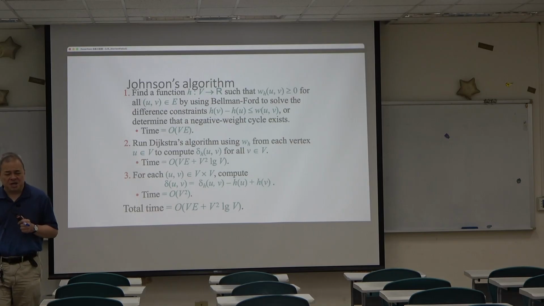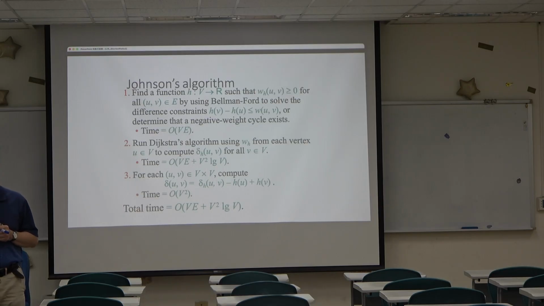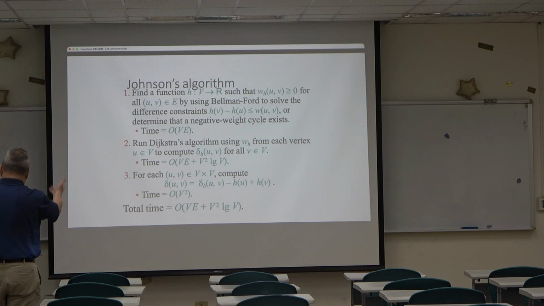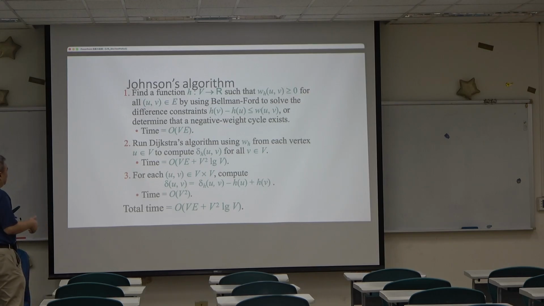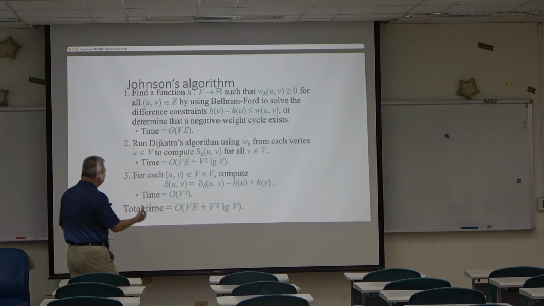Of course, for a small graph, I would say Floyd-Warshall still runs faster for all pair shortest paths because it's simple. It does not involve additional lower order terms that much. But this one actually involves many steps. It is more complicated. You will see a lot of lower order terms.